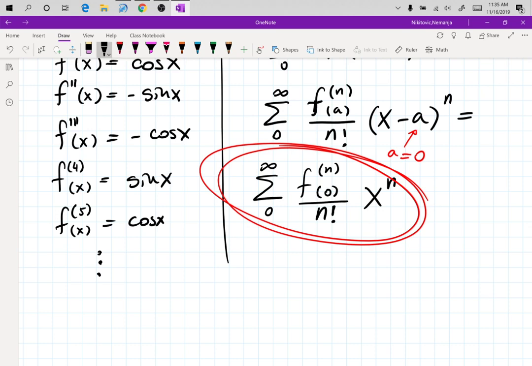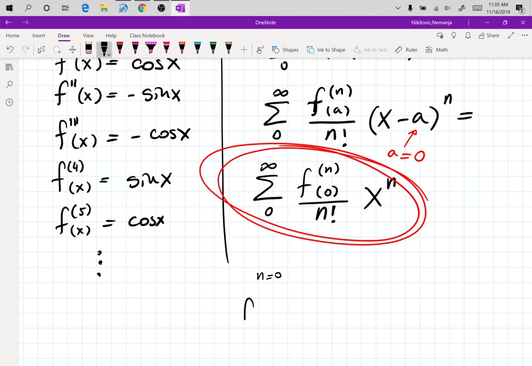So what's my first term when n is equal to 0? When n is equal to 0, I just have the 0th derivative, which is the original function.